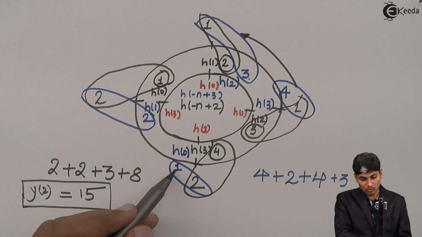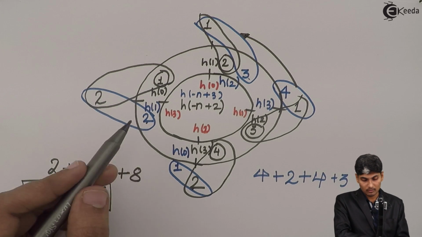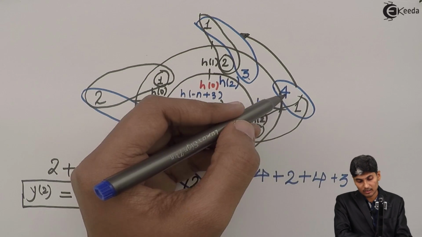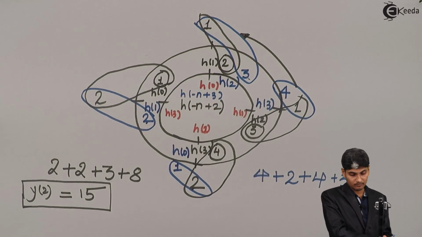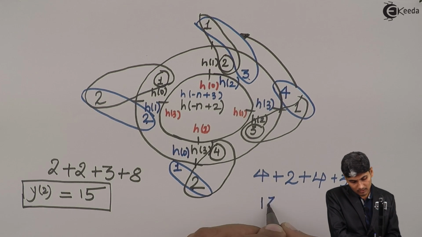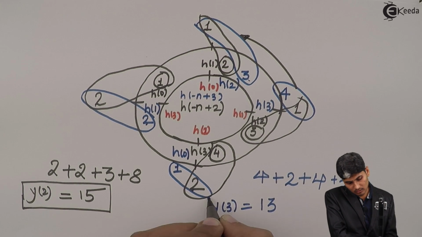I repeat, 2, 1, 2, 2 into 2 is 4, so I have 2 and 4, 3 into 1 is 3, 4 into 1 is 4, that is 8 plus 2 is 10, and 3 is 13. So y of 3 is equal to 13.